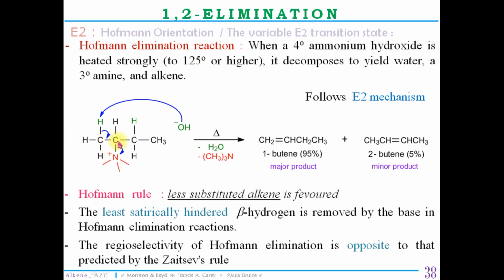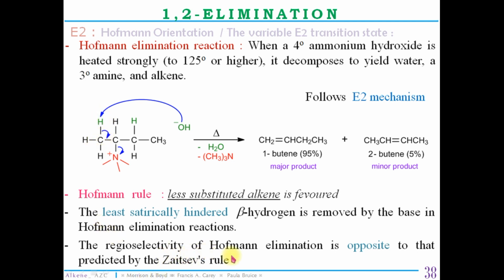As we can see, this beta carbon has 2 hydrogens while this beta carbon has 3 hydrogens. Now this beta carbon is a terminal carbon, so its hydrogens are less sterically hindered and therefore the base abstracts hydrogen from this carbon.